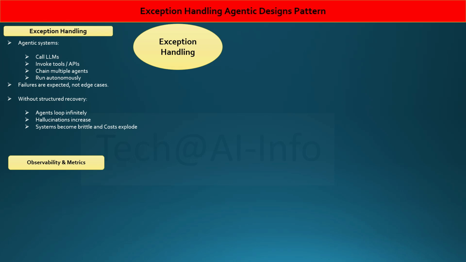They act autonomously and fail in unpredictable ways. Without metrics, failures may stay invisible, hallucination looks like success, and cost grows silently. If you cannot measure agent failure, you can't trust autonomy.